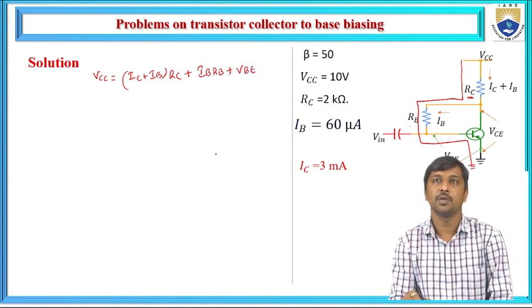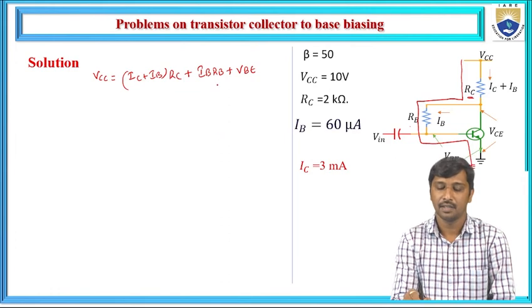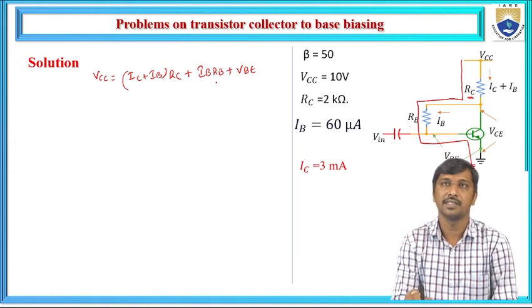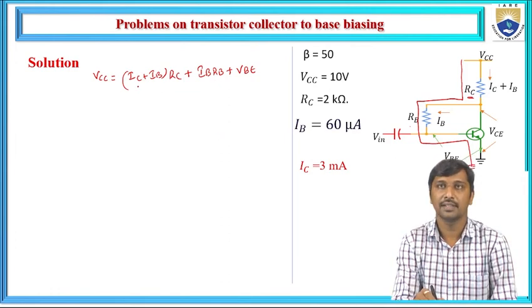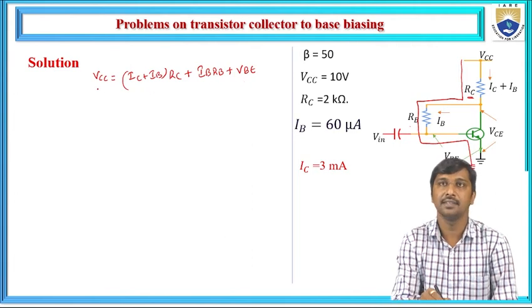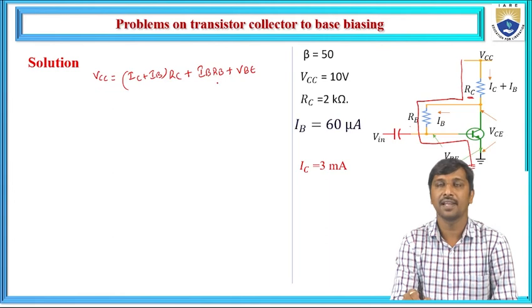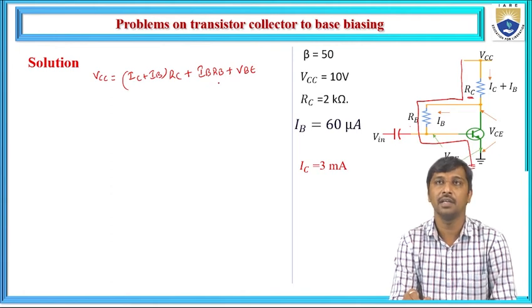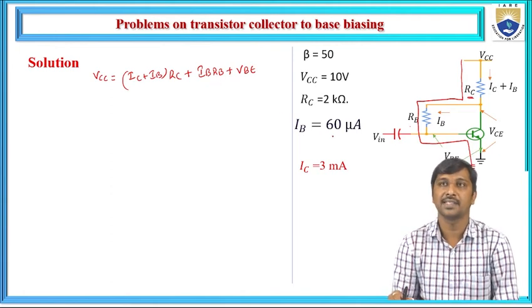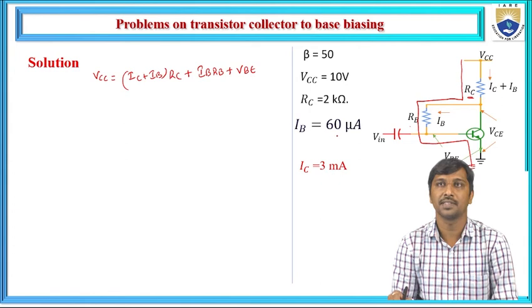From this, we need to identify the base resistance. In the problem, the collector resistance and VCC are already mentioned, VBE we need to assume, so the only unknown parameter is RB. By using this relation, we calculate how much base resistance is required to produce the base current of 60 microamperes.